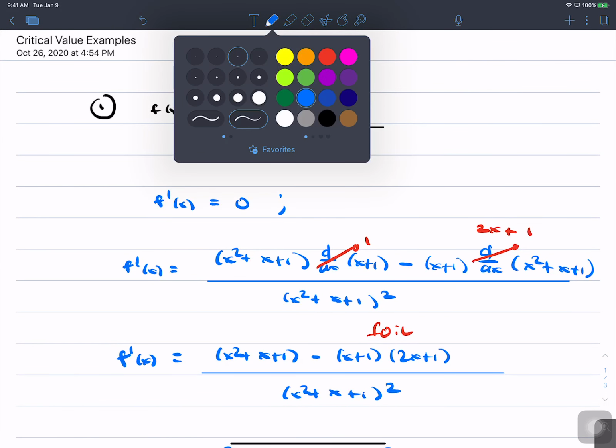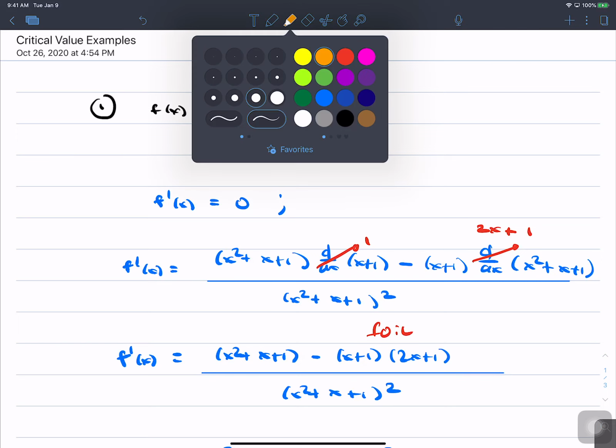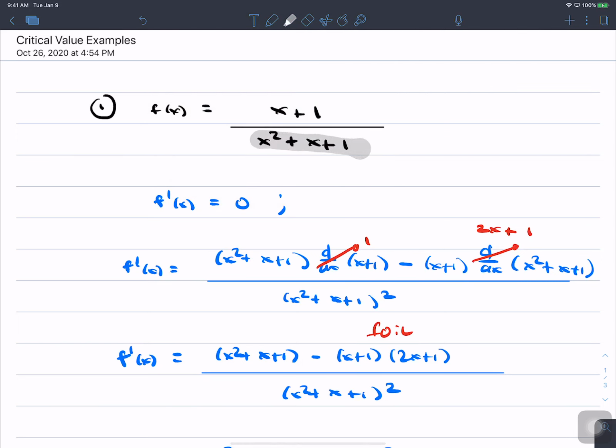They're in the domain, and I want you guys to double check something here. Remember this domain down here, right? The domain of the function. It's all values except where the denominator is 0. Now, I get the feeling x squared plus x plus 1 will never be 0. And we can find out if the discriminant is, if we use a quadratic formula, because we can't solve this by factoring.